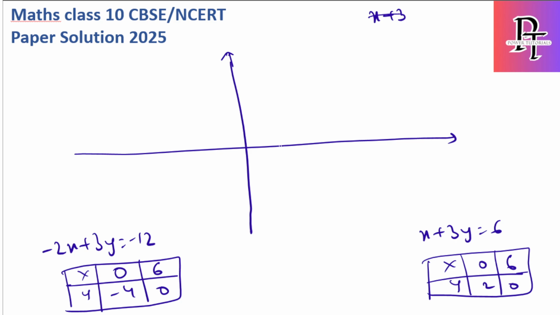I will use x as 2 centimeters. I will get 2, 4, 6, 8, minus 2, minus 4, minus 6, minus 8, and 2, 4, 6, minus 2, minus 4, minus 6. x0, y2 is this point, x6 and y0 is this point.